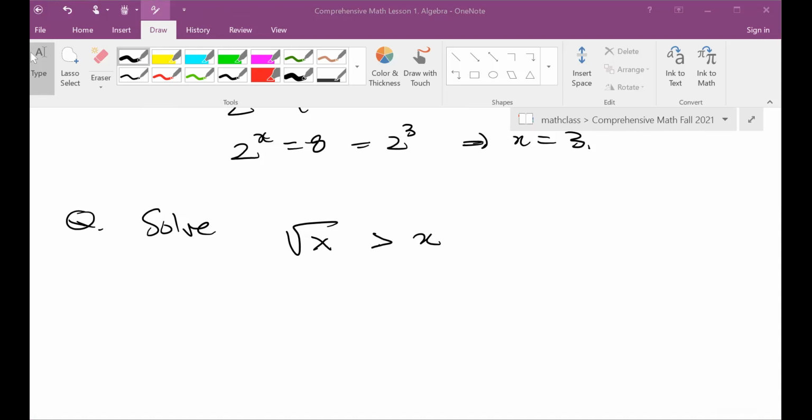All right, so we have to simplify it, right? Sometimes, we have to square.